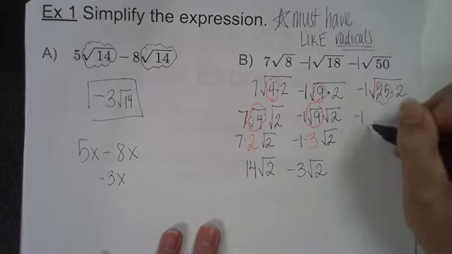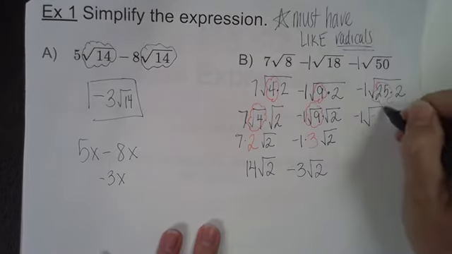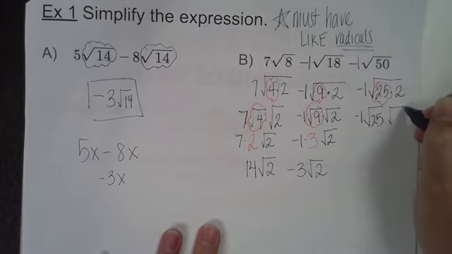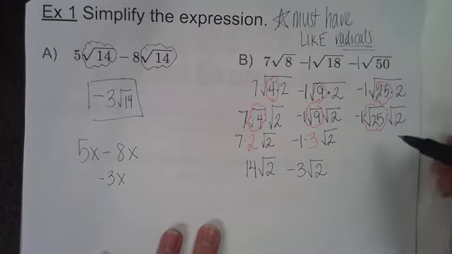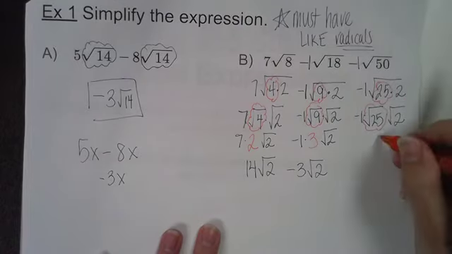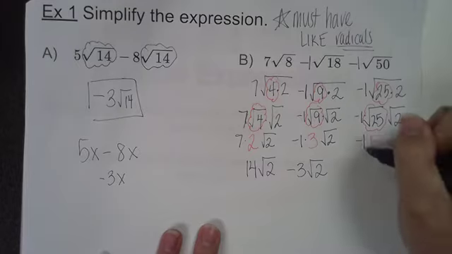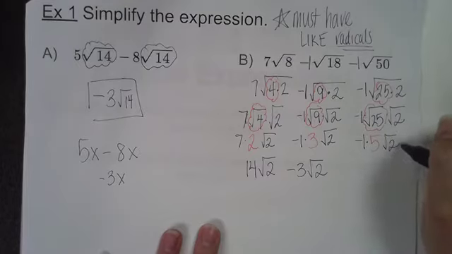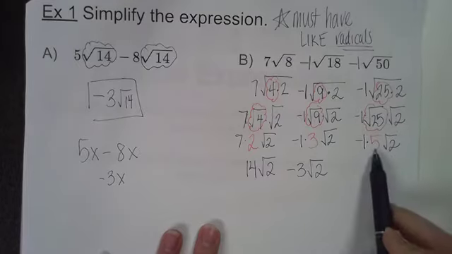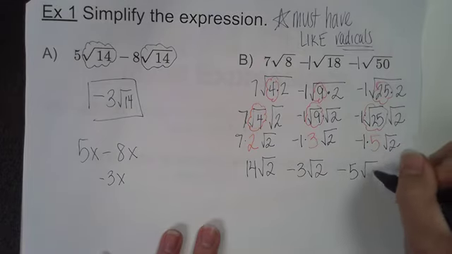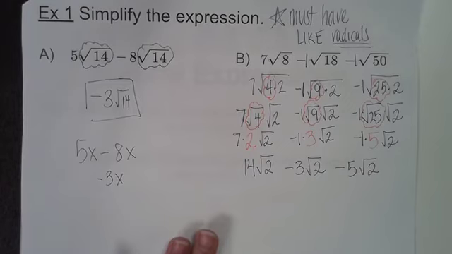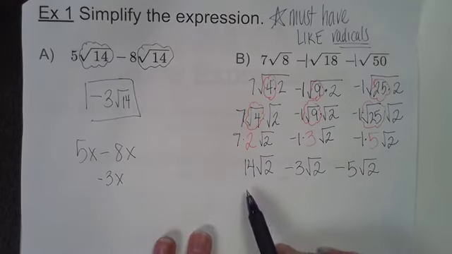So we have -1 times the square root of 25 times the square root of 2. And what is the square root of 25? 5. Very good. Now, I want to also say that I'm writing a lot of steps here. -1 times 5 is -5 times radical 2. One more step, ladies and gentlemen.